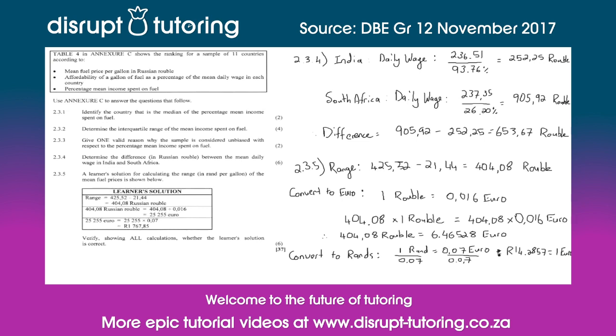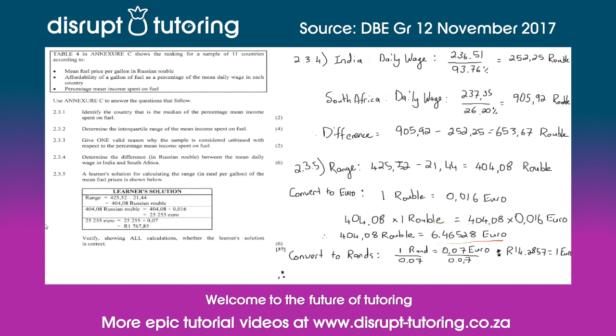So we have now the exchange rate of 1 euro to how many rands? So then, therefore, we need to find out how much 6.465 euros is. So we can see we need to find out how much this is in rands.